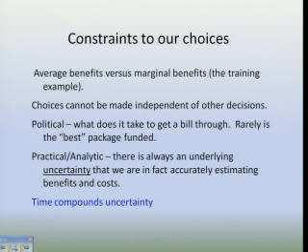So we have constraints to our choices. Do we think in terms of average benefits, which is what I just talked about with the job thing, versus the marginal benefits, the itemized benefits for each type, a daytime program and a nighttime program? Which one do we do? Choices cannot be made independent of other decisions. These were choices that you would think of in terms of an entire budgetary package.